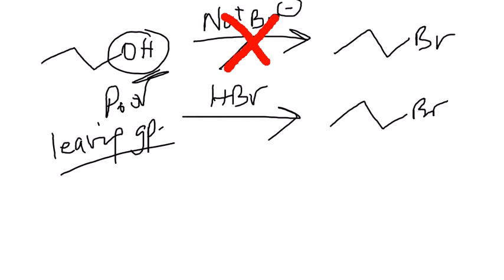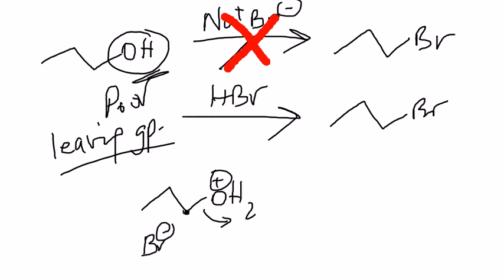On the other hand, if you treat it with HBr, essentially you convert the alcohol into a better leaving group by just protonation, so that it's ready to leave, and since it's a primary center, the Br is going to attack and the OH is going to leave both at the same time, and so this is via an SN2 reaction mechanism.